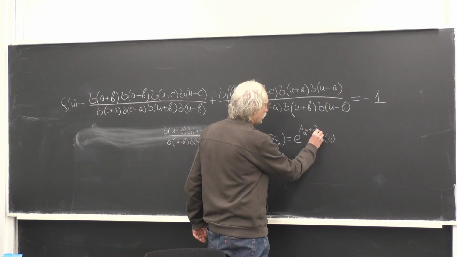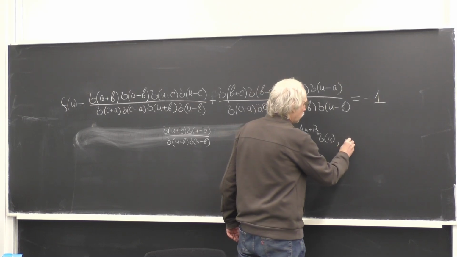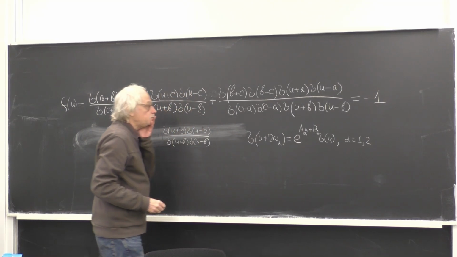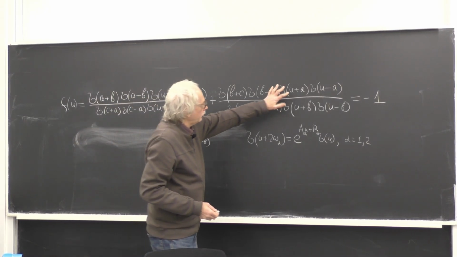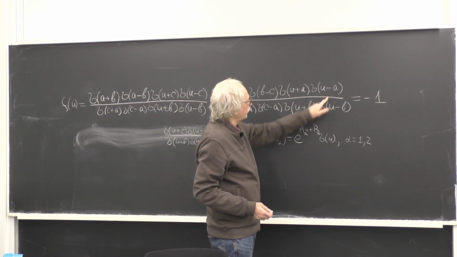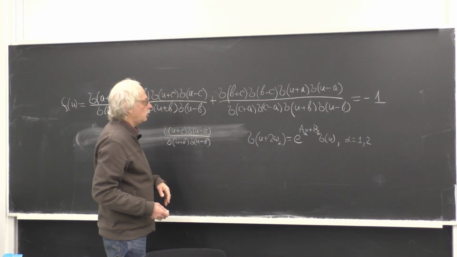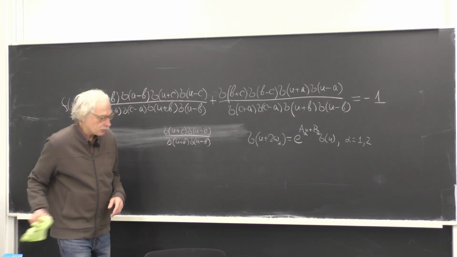This a and b depend on alpha. Alpha is 1 or 2. The same is in this term, plus a minus a, plus b minus b. So this factor cancels, and this function is double periodic.